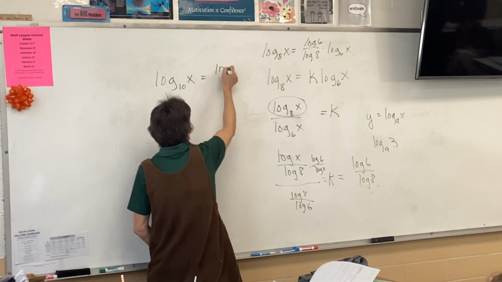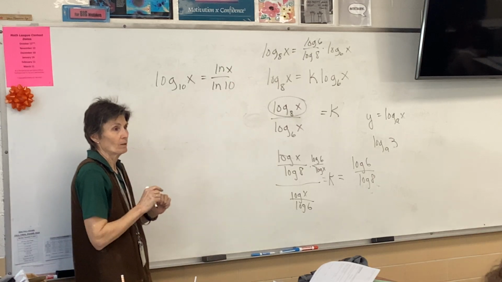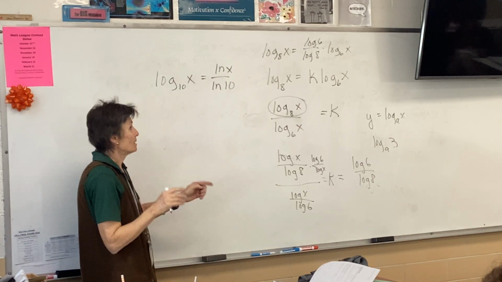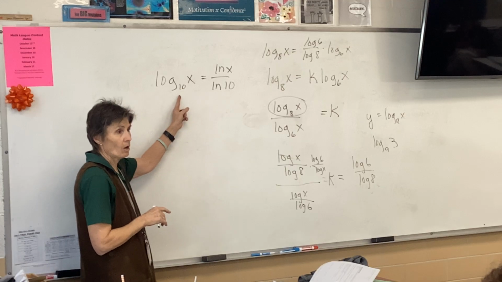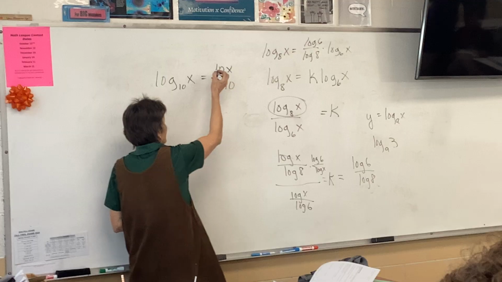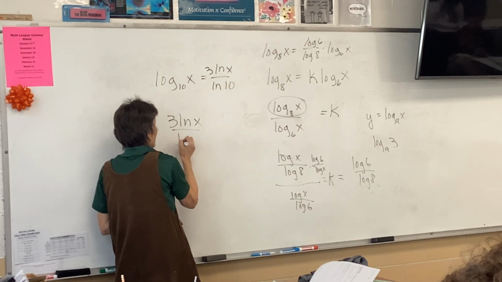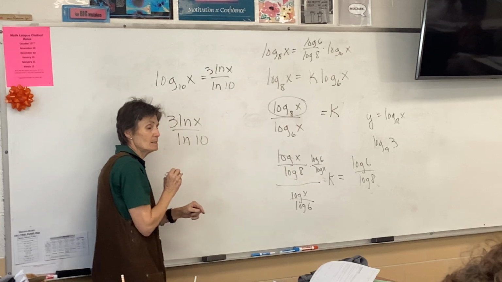This will be ln x over ln 10. Remember, change of base formula works with any base. So it's log that over log that, whatever base you want. So now I'm going to times that by 3. So it's 3 ln x over ln 10.